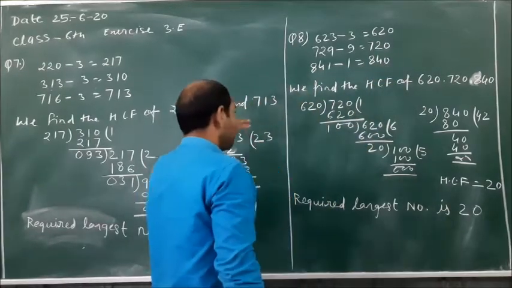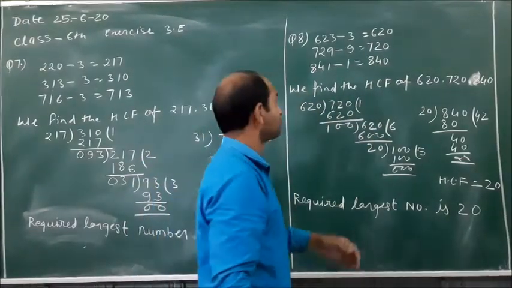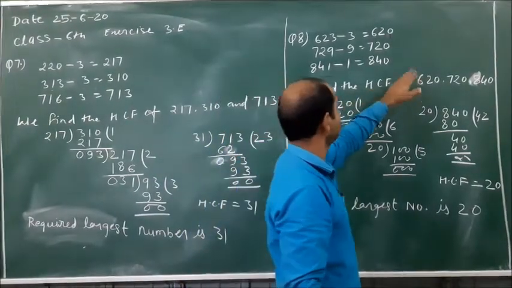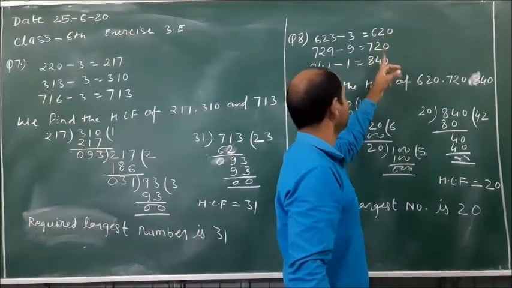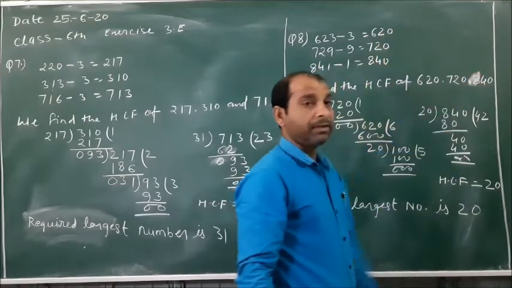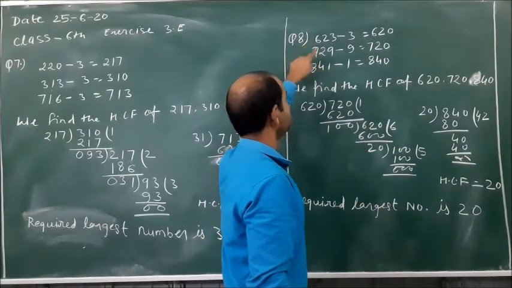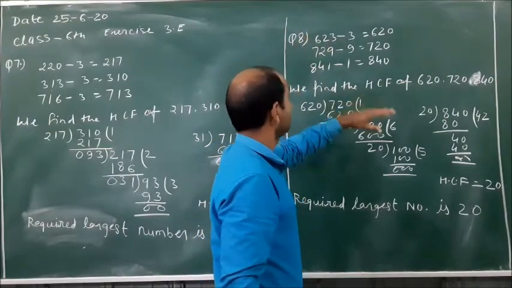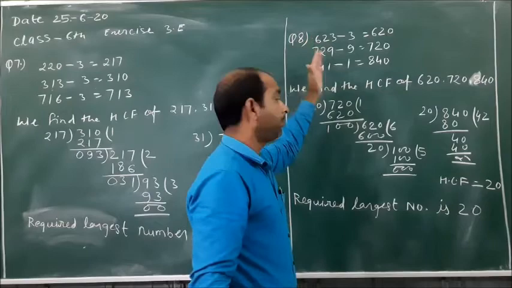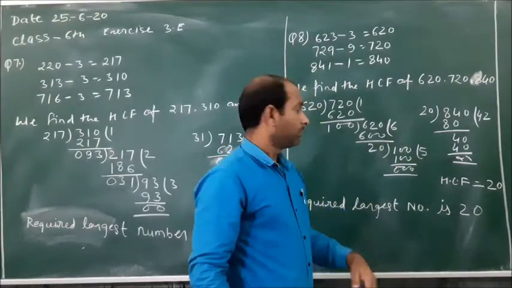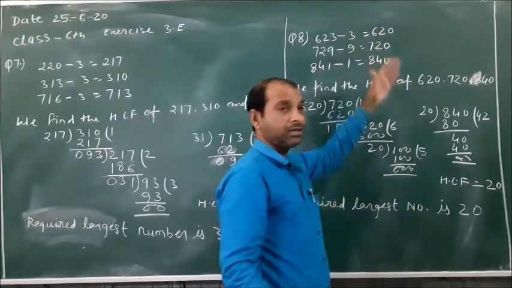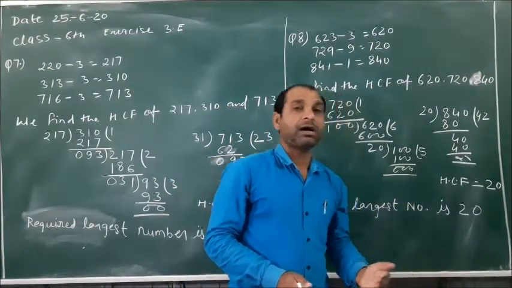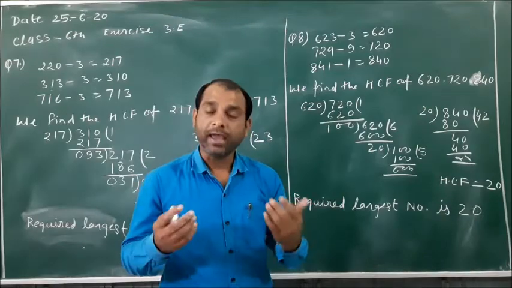The question asks for the largest number, so we find the HCF of these numbers, because numbers are divisible by their HCF.